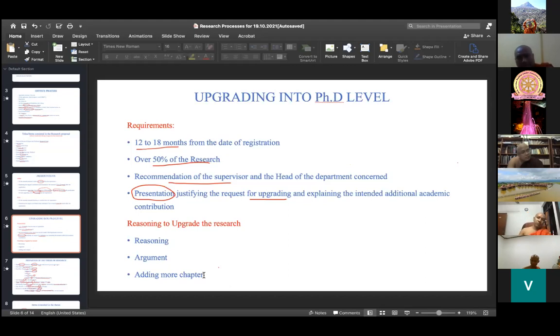Some of the senior students give this suggestion: if you have, for example, six chapters, you have to exclude one chapter, even your supervisor should be told about it, because this is very necessary to upgrade from MPhil to PhD level. But this is easy for a student who has full experience.